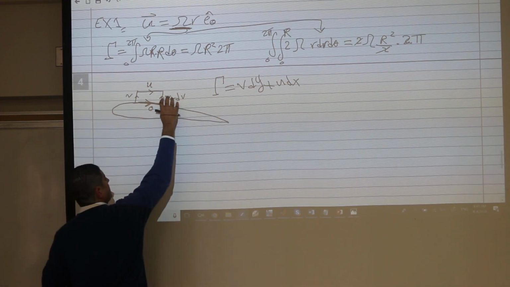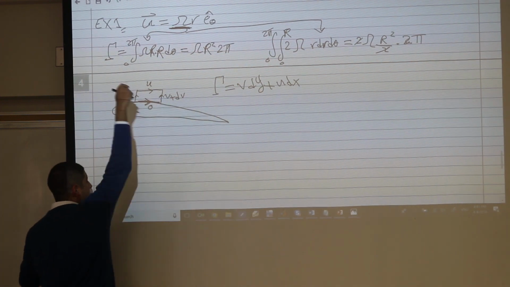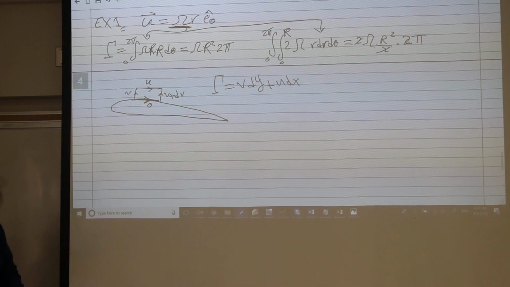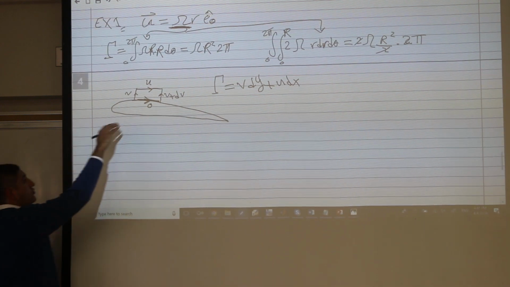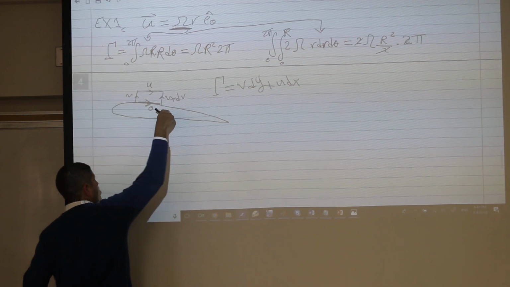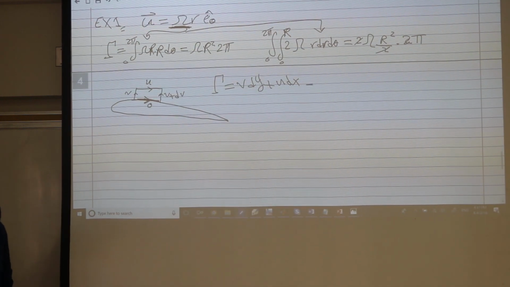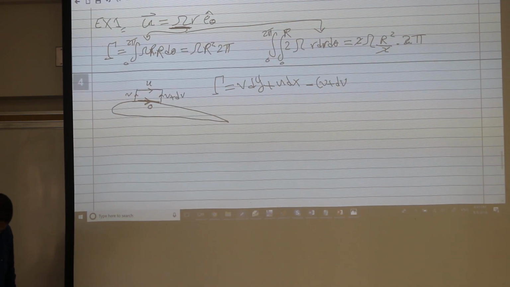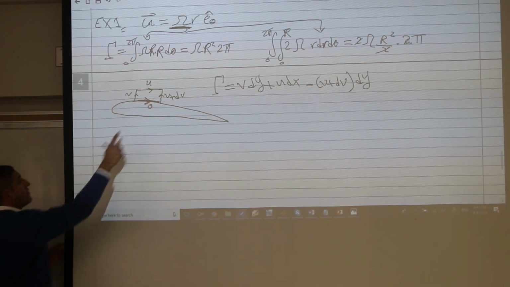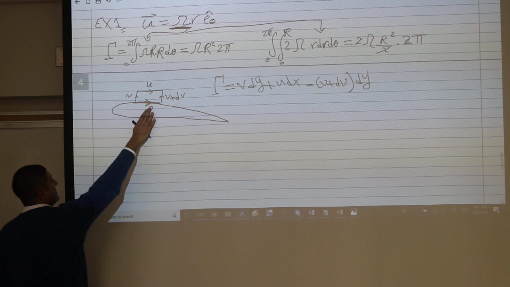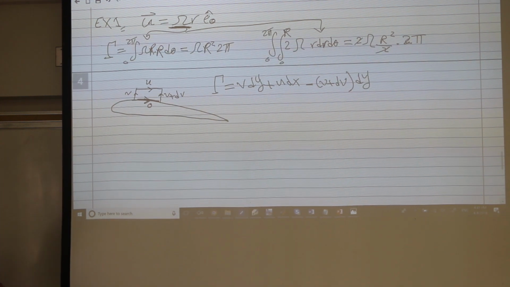Then this velocity times negative dy, because I'm doing this along a closed contour, so I'm moving like this, like that, then like this. So this is negative v plus dv times dy. Then the last element, I have 0 velocity.